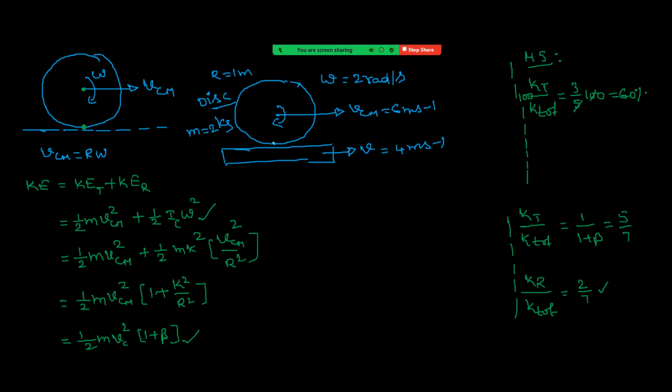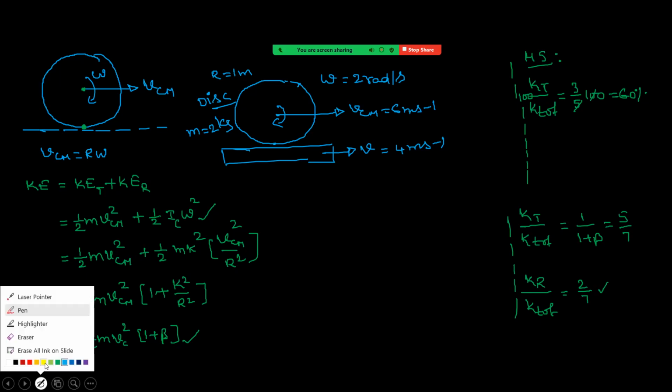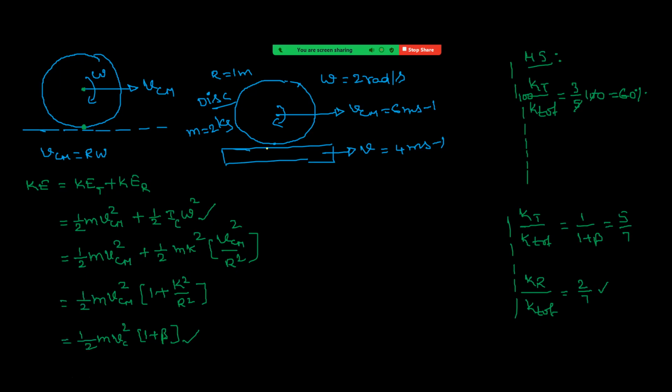For the contact point, because of translation it is 6, because of rotation R omega it is 2. 6 minus 2, that is 4. And for the plank also velocity is 4 only. Means the velocity of the contact point is the same as that of the contact surface. So it is now rolling without slipping.